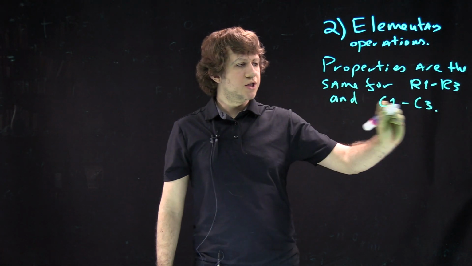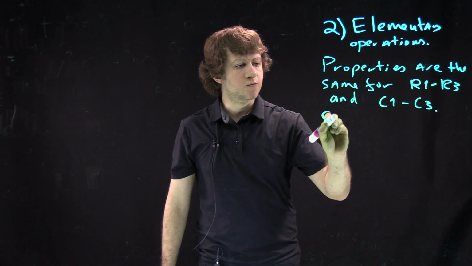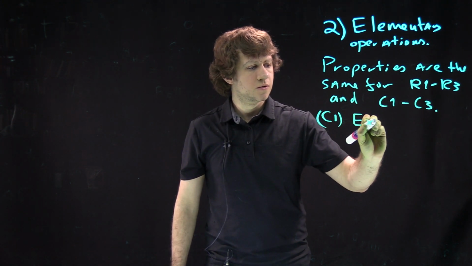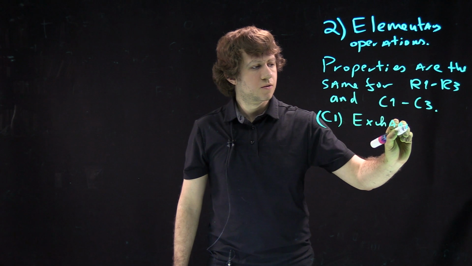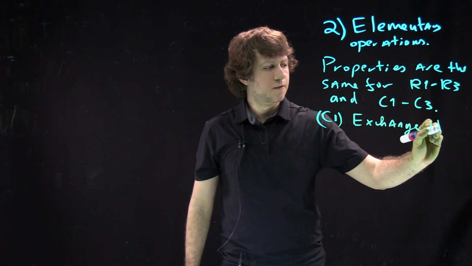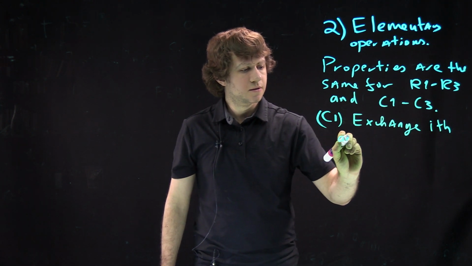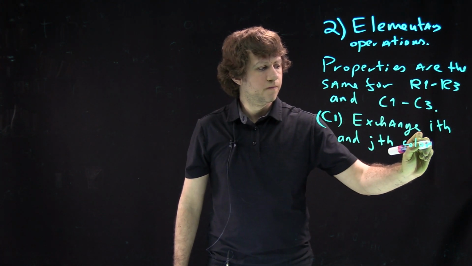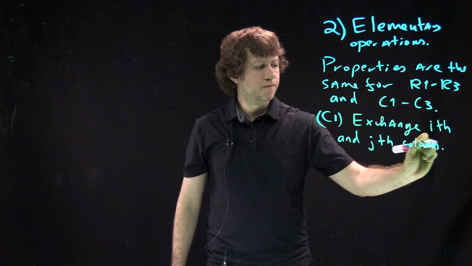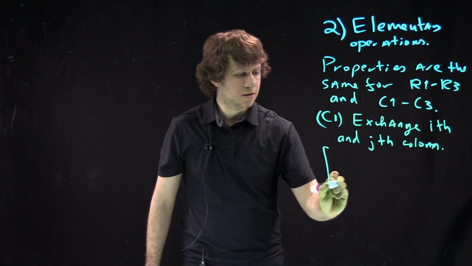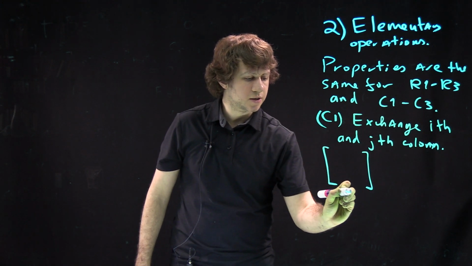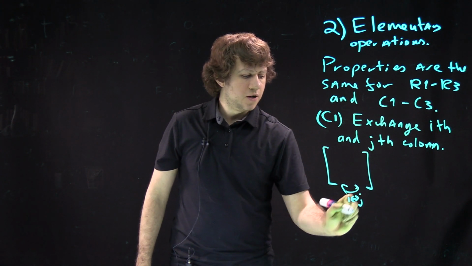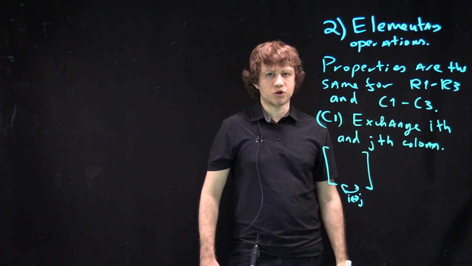So there are 3 elementary operations. Let's start with C1, which is to exchange the i-th and j-th column. So we have a matrix, and we just take the i-th column and the j-th column and exchange them. And of course, we imagine that not much should change.